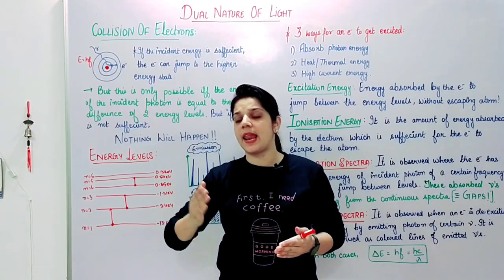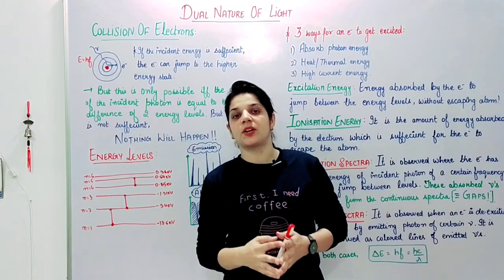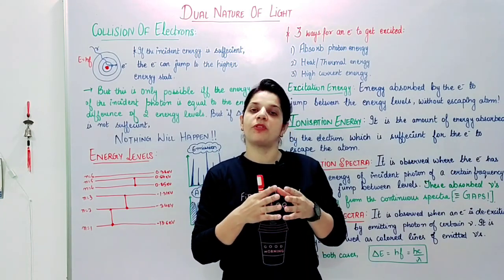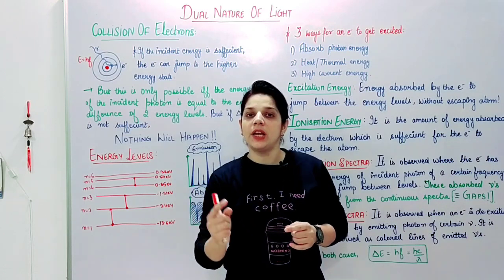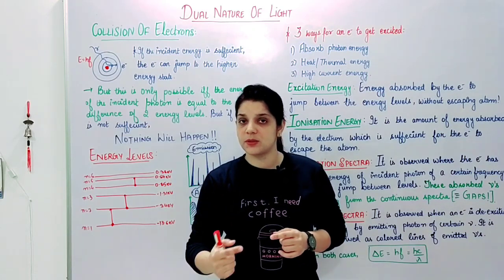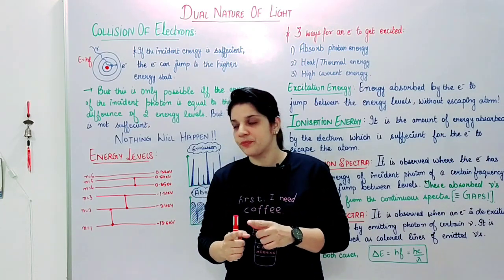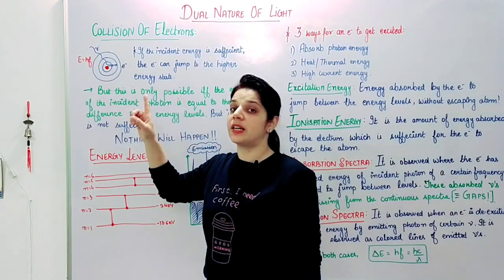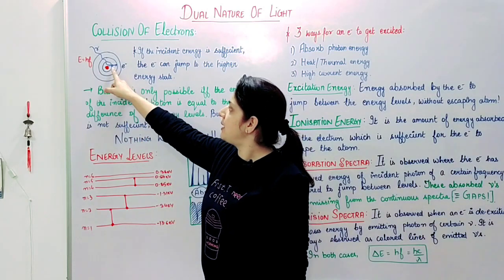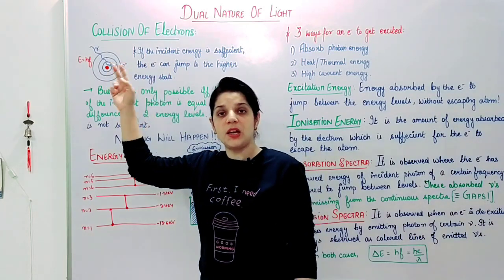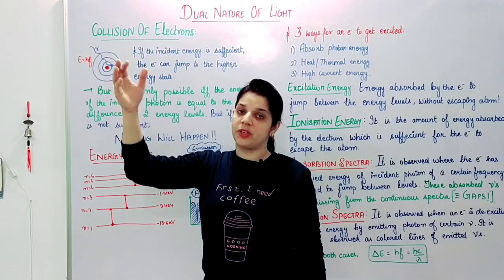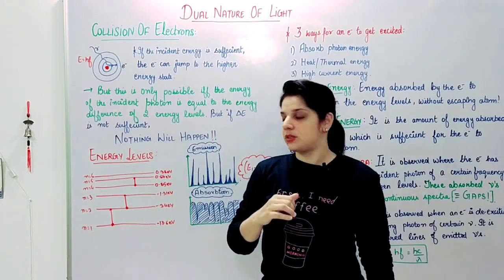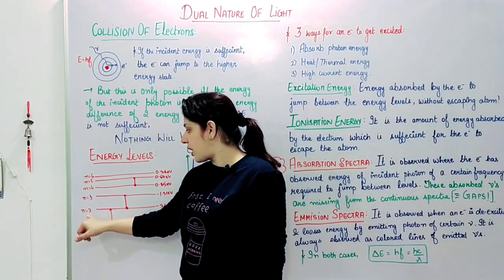Every shell, K, L, M, N, when we do the electronic configurations, has a certain amount of energy which every electron present in that shell will possess. The next shell will have another amount of energy, and in a way we form certain energy levels where n is equal to 1, 2, 3.